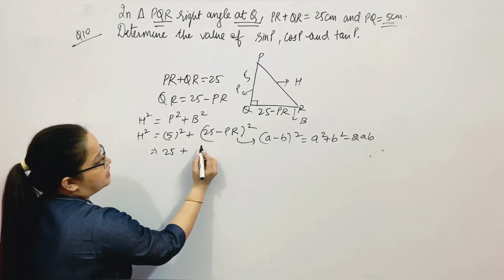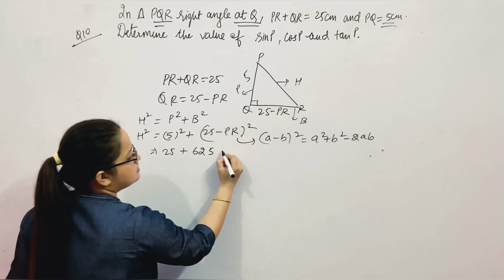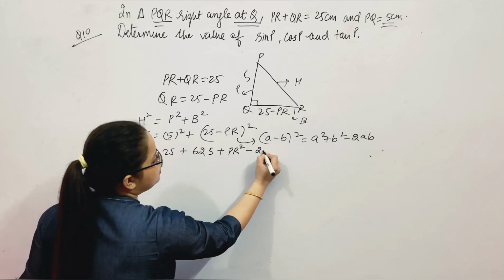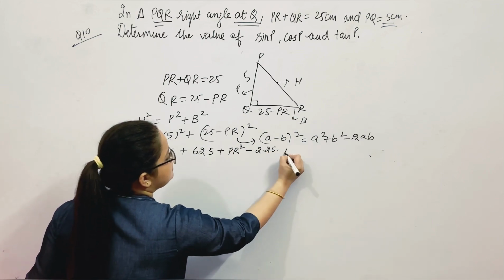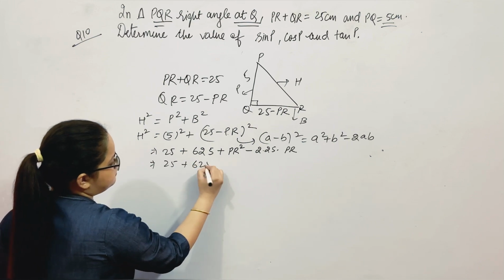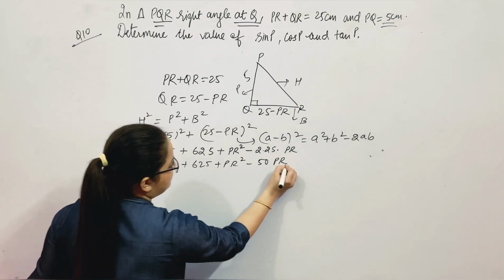a minus b whole square is a square plus b square minus 2ab. So a square, that means 25 square is 625. B square is plus of PR square minus 2, A is 25 and B is PR. So it becomes minus of 50 PR. Okay.